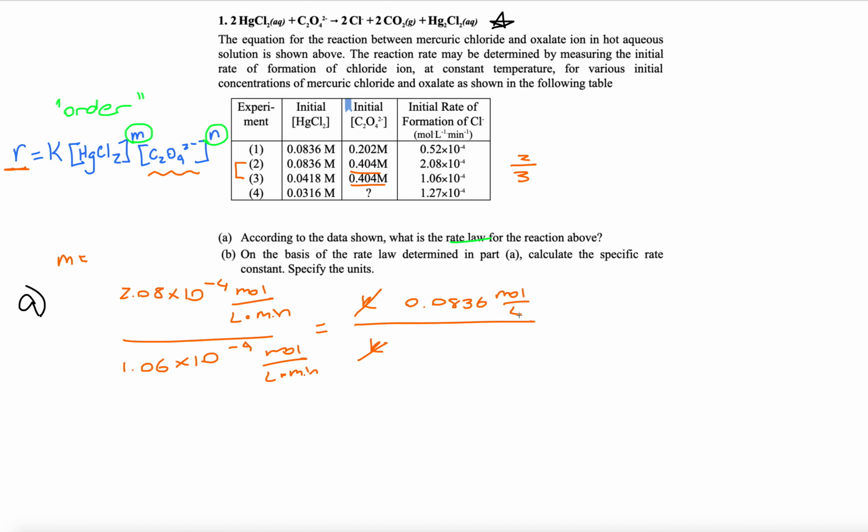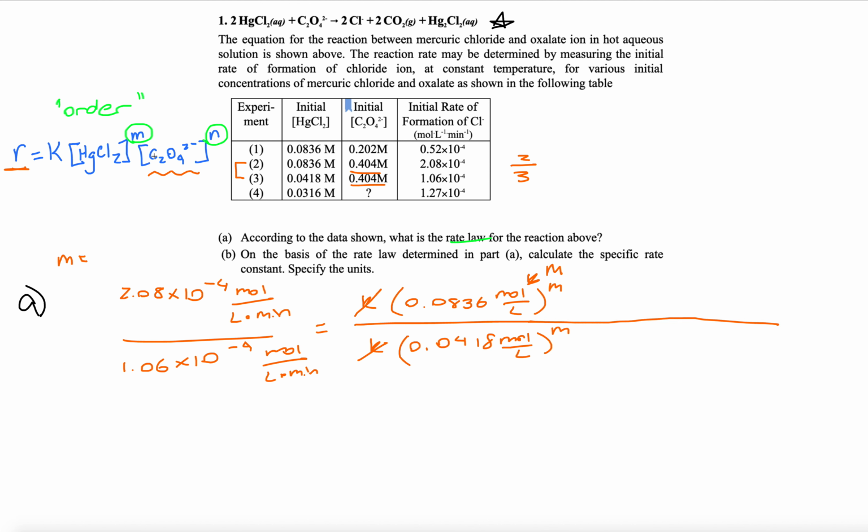That's the same thing as M, which is just molarity. So you might see it like that as well. That's going to be raised to the M power, because that's what we're trying to find here. And then on the bottom, we have 0.0418 moles per liter. That's going to be raised to the M power.